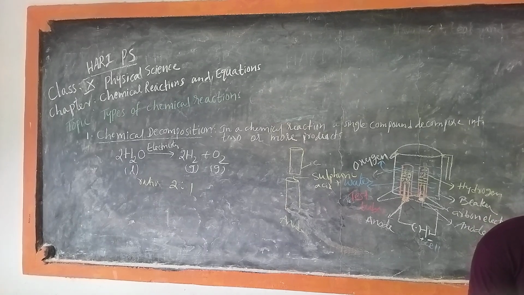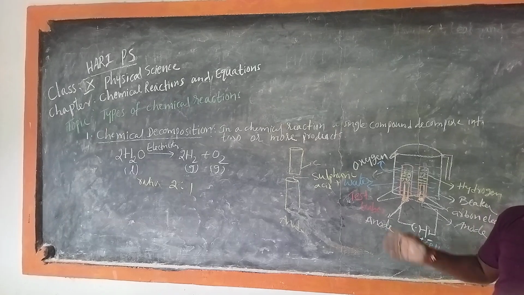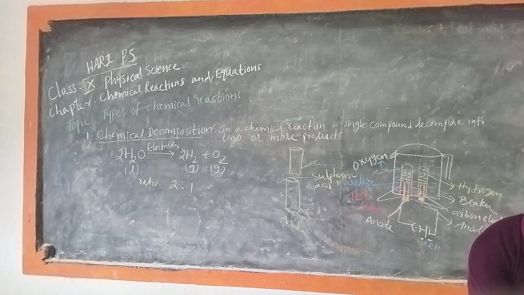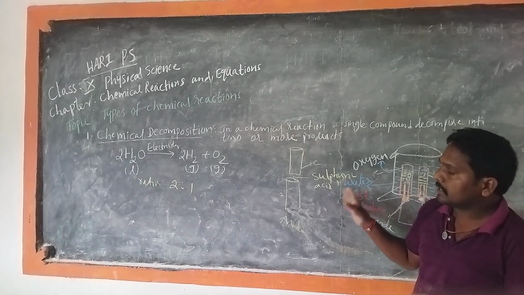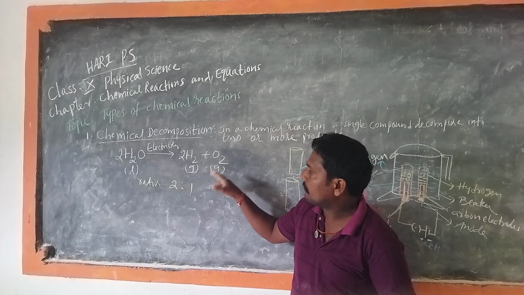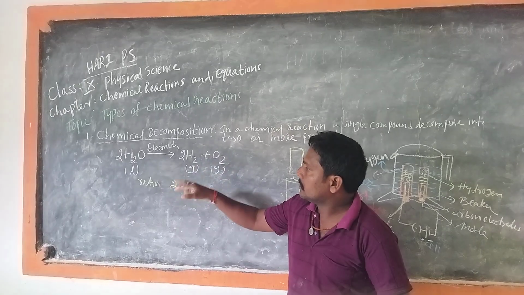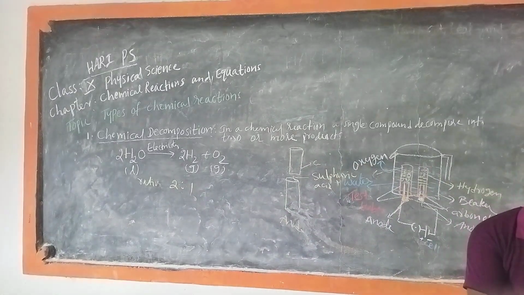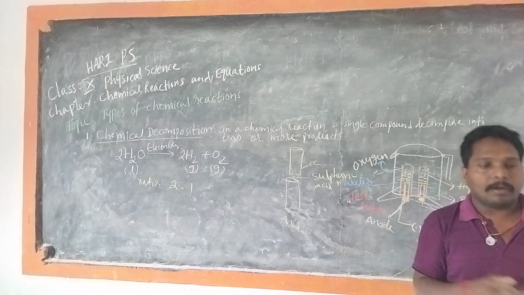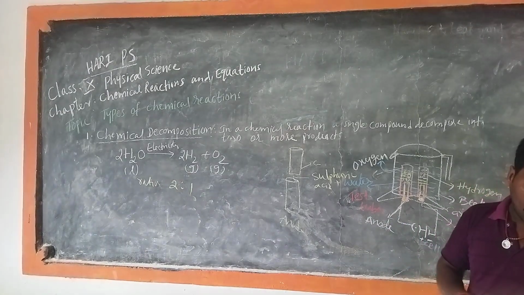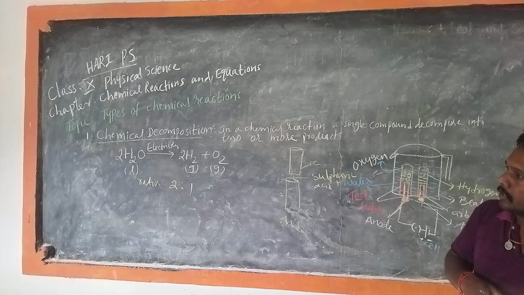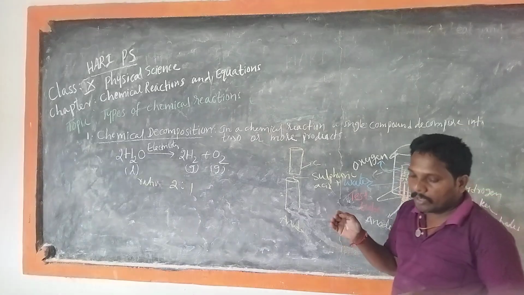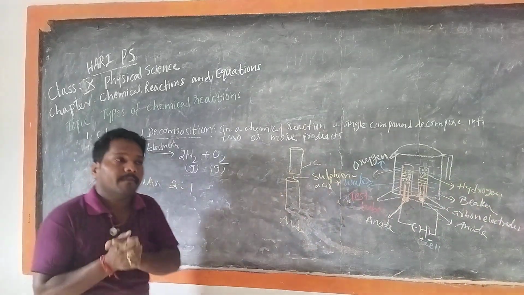So here hydrogen burns in oxygen and water is formed. When hydrogen combines with oxygen, we know that water is formed. In this reaction, hydrogen and oxygen combine in a volume ratio of 2:1. So two volumes of hydrogen and one volume of oxygen are involved. So the ratio between hydrogen and oxygen in water is 2:1 by volume.